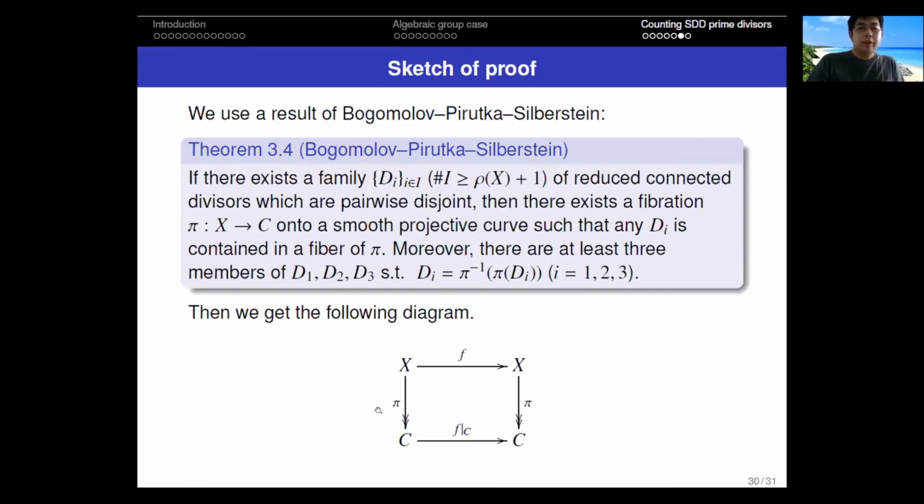Using this, we obtain a fibration, and we can induce the self-morphism onto the base.